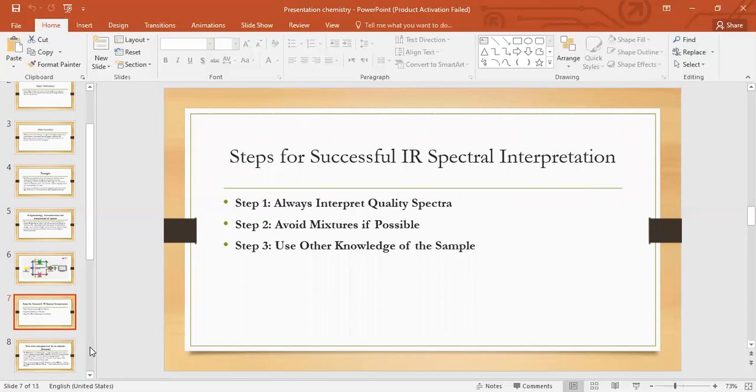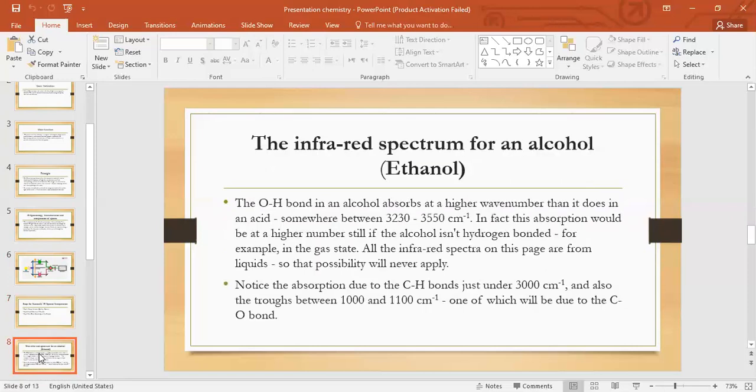Step number two is avoid mixtures if possible, means the samples should not be mixtures. Step number three, use other knowledge of the sample, means you can get other knowledge and then you can enhance the quality of your spectra.